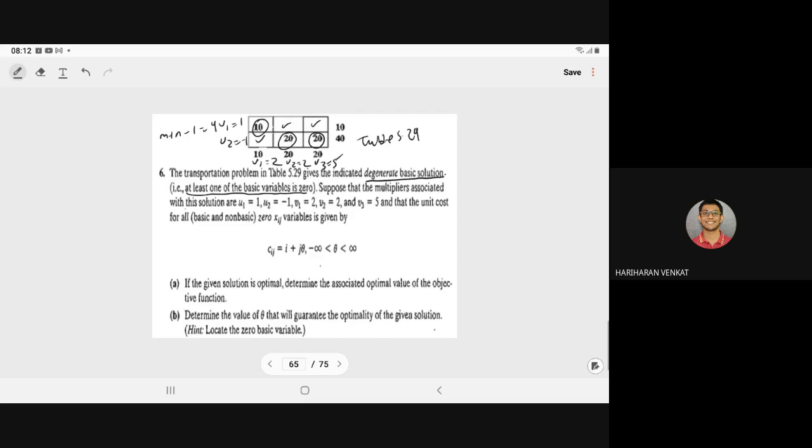If the given solution is optimal, determine the associated optimal value of the objective function.